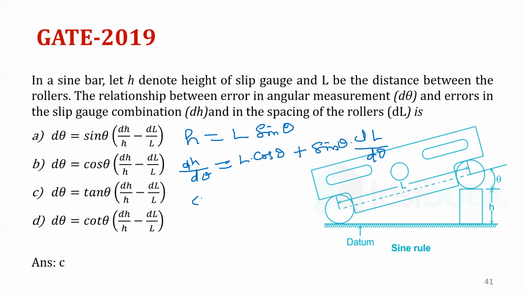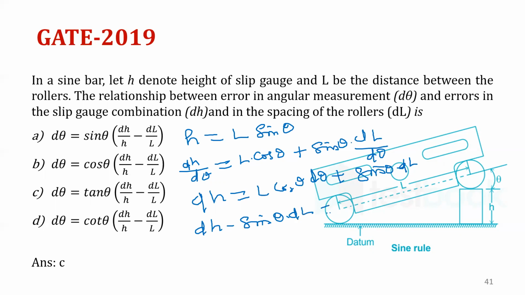And what is dh from this? dh is equal to L into cos theta d theta plus sine theta into dl. Therefore, dh minus sine theta into dl is equal to L into cos theta d theta.